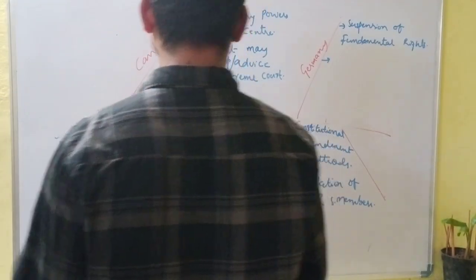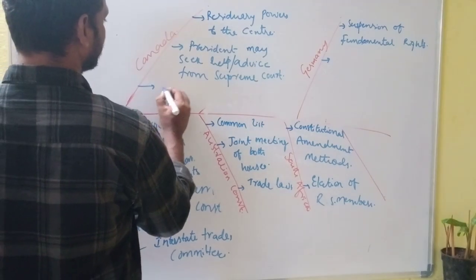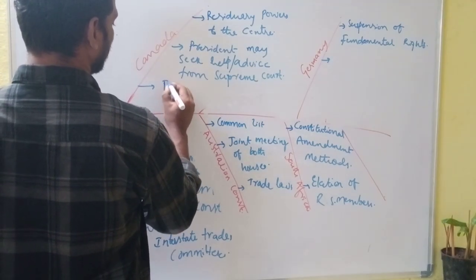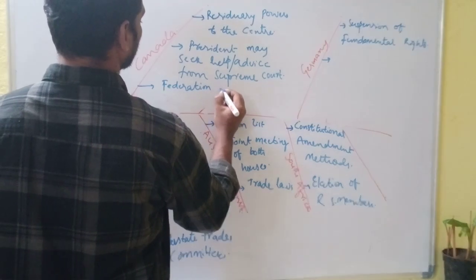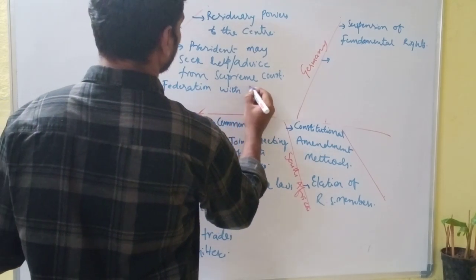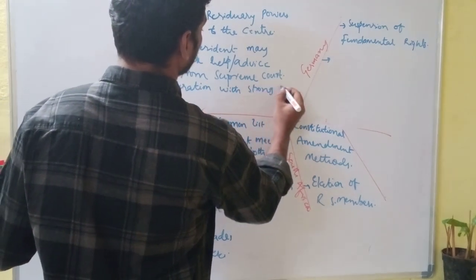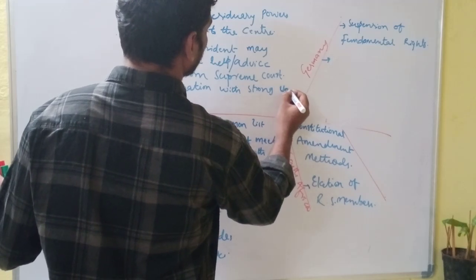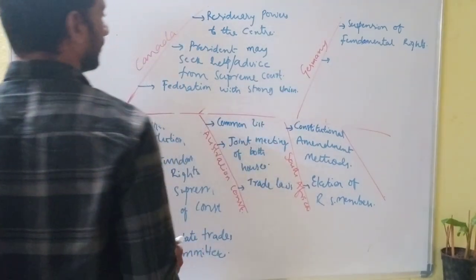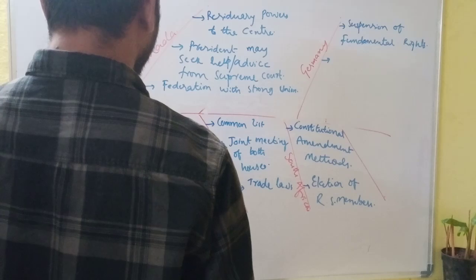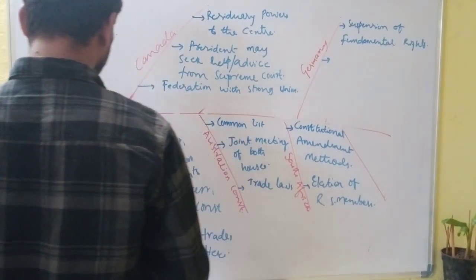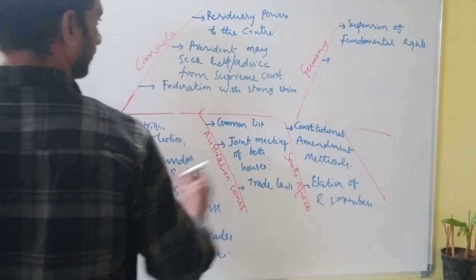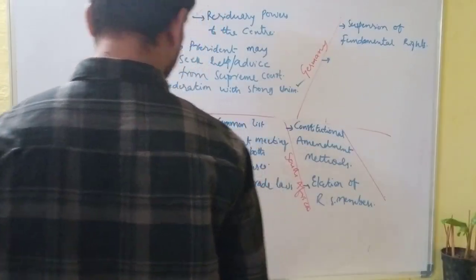Next, federation with strong union. Our constitution is mostly union-based because the center has more power than states.